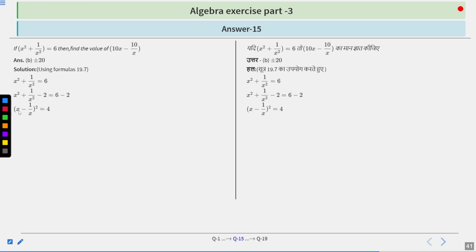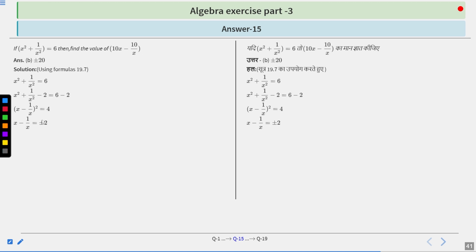Therefore, this can be written as (x minus 1 upon x) whole square equal to 6 minus 2 is 4. So if (x minus 1 upon x) whole square is equal to 4, then x minus 1 upon x is going to be equal to under root 4. Under root, because this square will go to that side and become under root or power 1 upon 2.